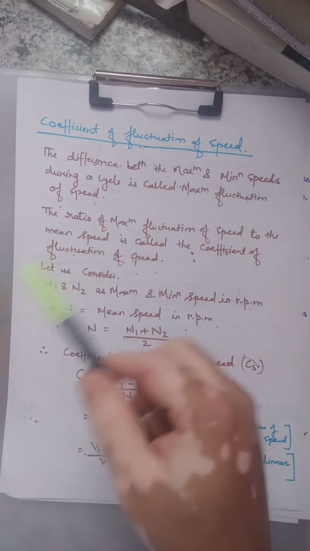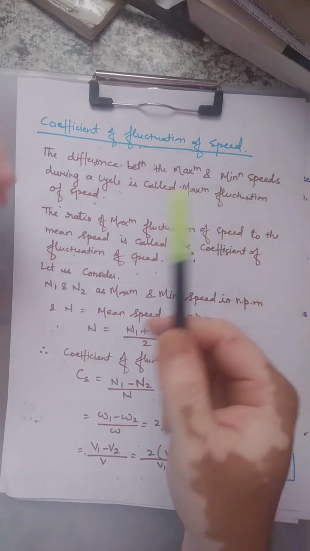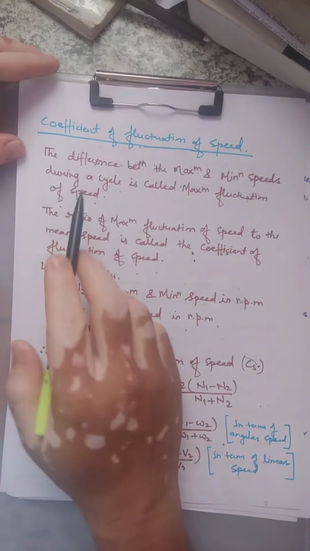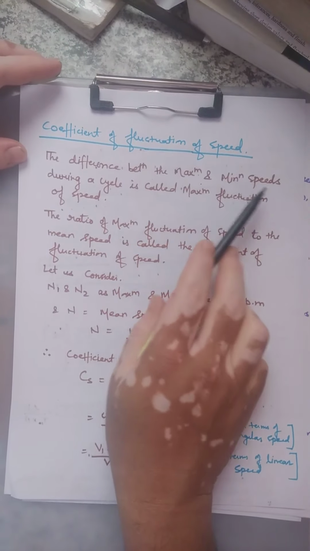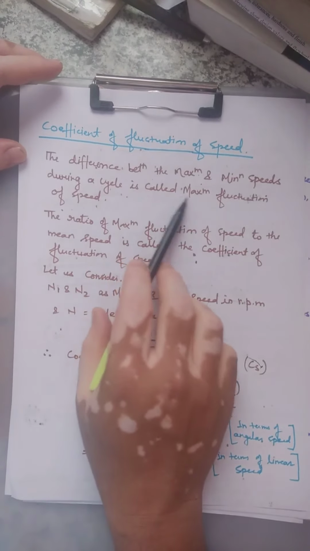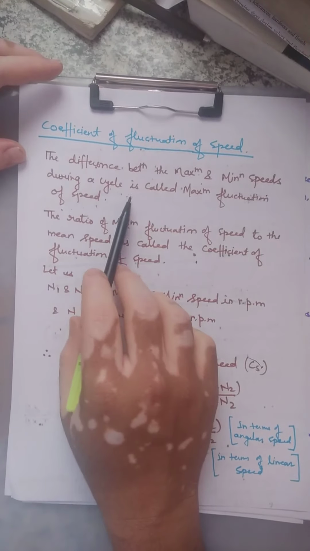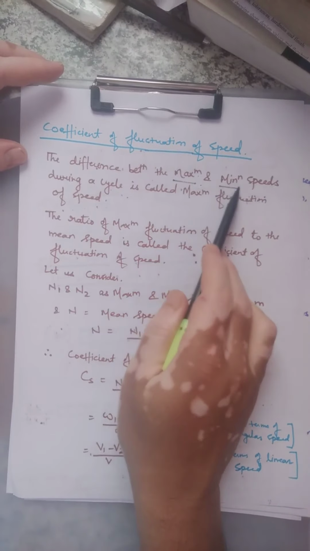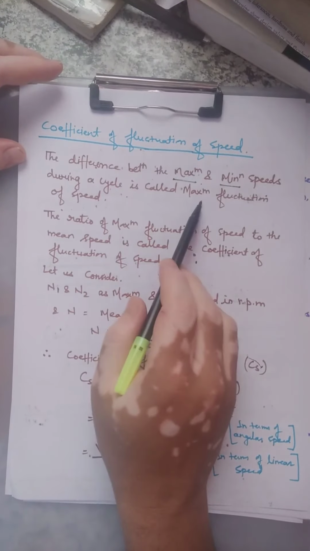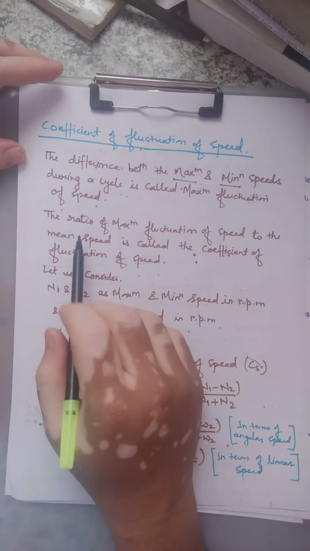That's why the difference between the maximum and the minimum speed during a cycle is called the maximum fluctuation of speed.